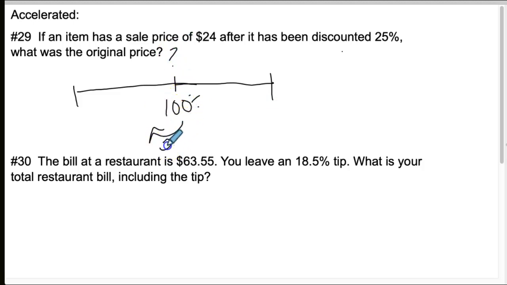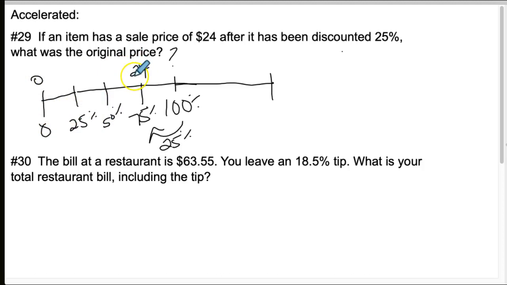It has gone down 25%, and at the discounted price, it is worth $24. That means that we are counting down our percentages by 25. So one more would be 50%, one more would be 25%, and then I'll add on to 0. From 75% to 0, that's 1, 2, 3 units.